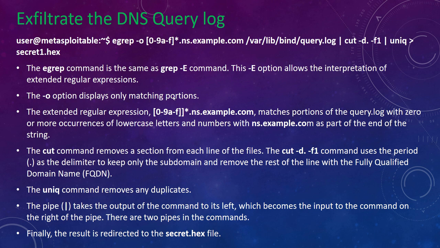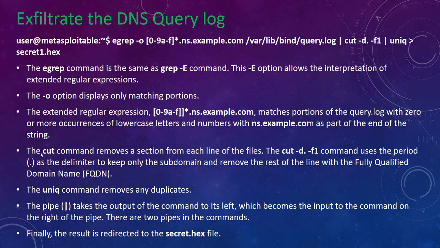Our matching portion is from 0 to 9 and A to F, those hexadecimal values that we want to match, ending with ns.example.com. And where do we have this file? The file we want to get it from is /var/lib/bind/query.log. This is the path to our query log file.